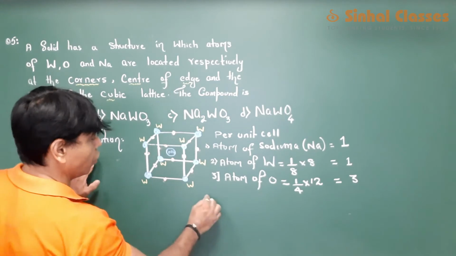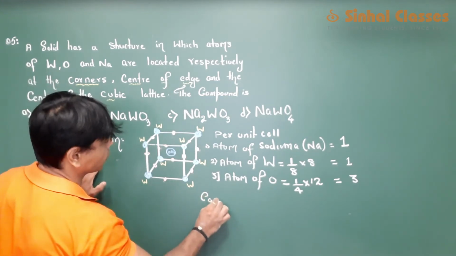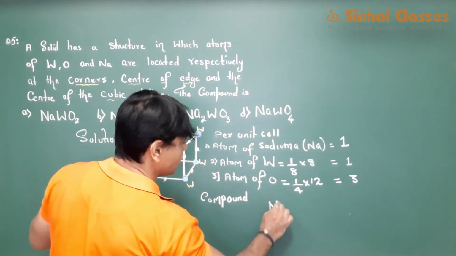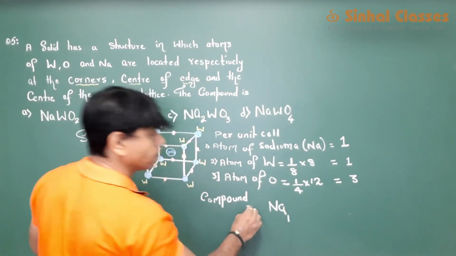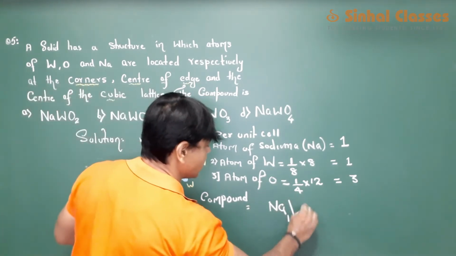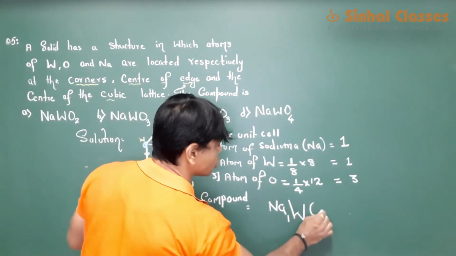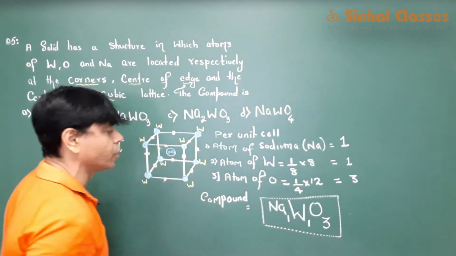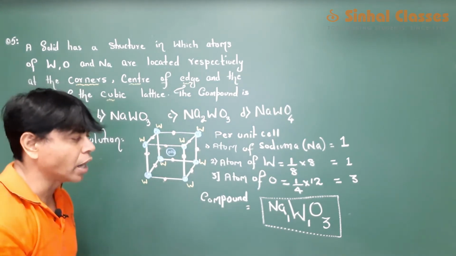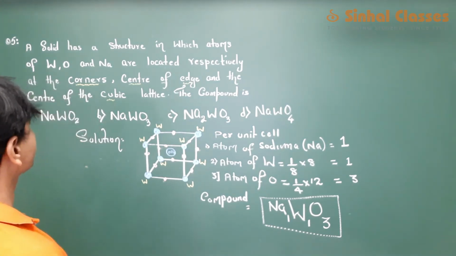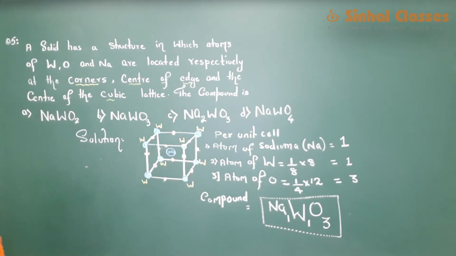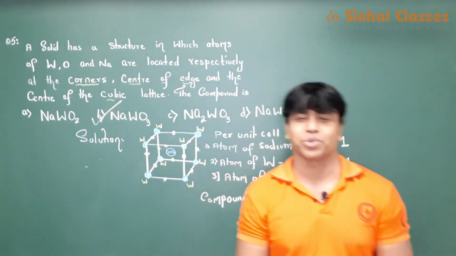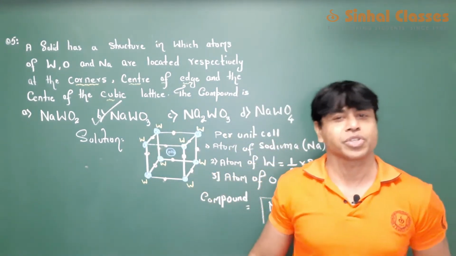Okay, so now the compound will be sodium is 1, tungsten is 1, and oxygen is 3. So your answer for this question will be Na1, W1 and O3. So let's see which is the correct option. Option B is the correct answer for this question. Okay, we'll go for the next question now.